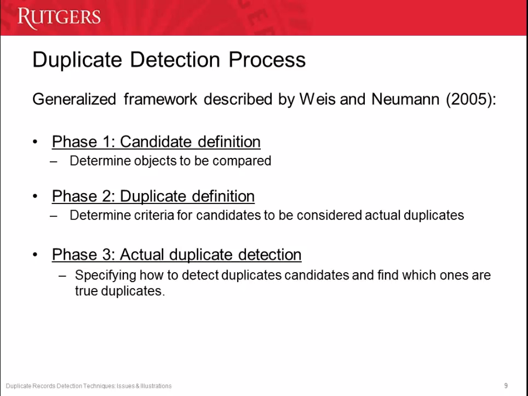Now, based on the criteria and definitions from the first 2 phases, which are the candidate description and the duplicate definition, we designate those records as candidates and duplicates or not.